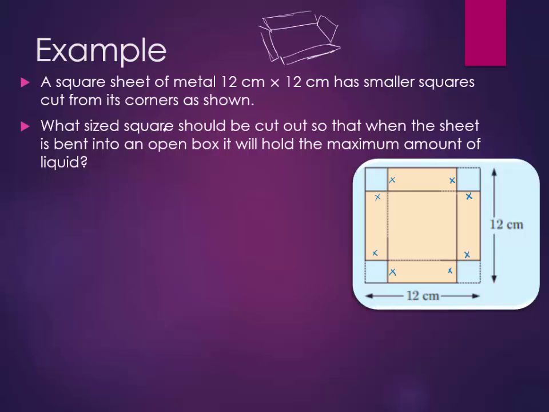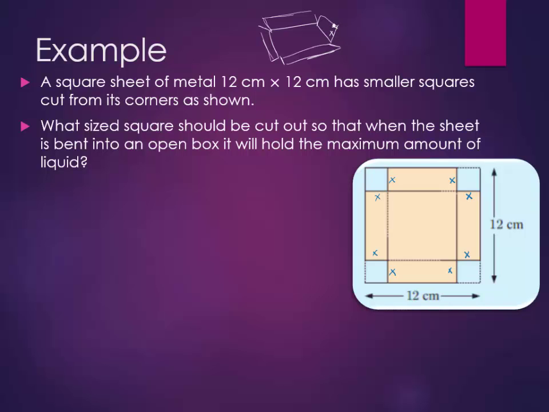What sized square should be cut out so that when the sheet is bent into an open box, it holds the maximum amount of liquid? And why liquid? Why can't it be solid, like cheese? Whatever.